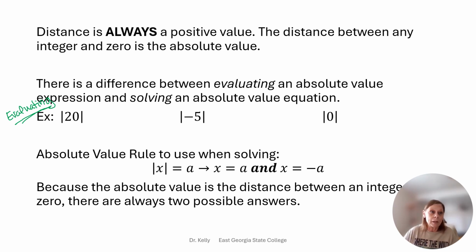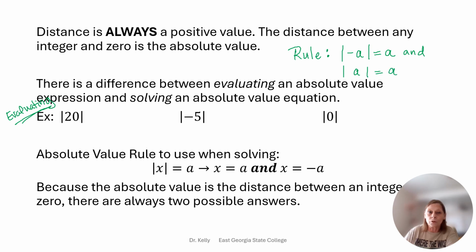So evaluating means we're just applying the rule, and we know that whatever number we have inside the absolute value bar, so here's our rule for absolute value. The absolute value of -a is equal to a, and the absolute value of positive a is equal to a.